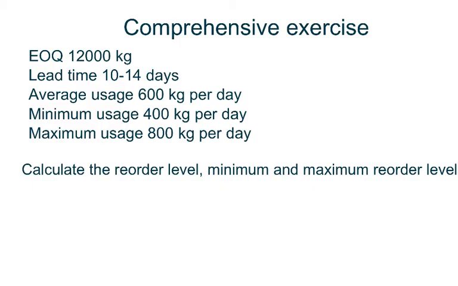You have an average usage of 600 kilos per day, a minimum of 400 per day, and a maximum of 800 per day. Now, how did we get the average? We took the maximum and the minimum, and the average, the one in between, is then 600. And now they ask us to calculate the normal reorder level, the minimum level, and the maximum level.